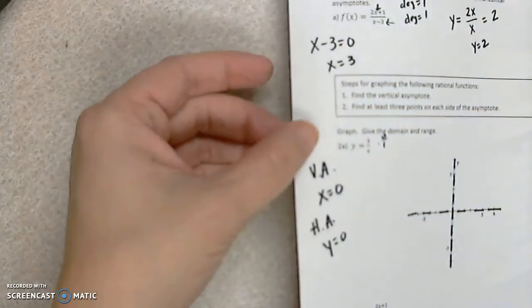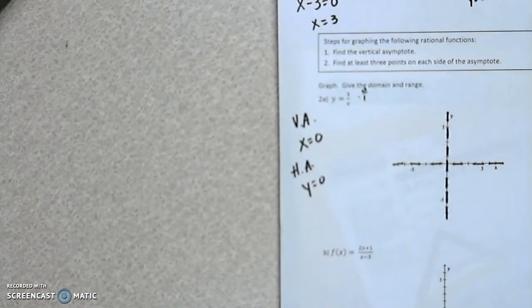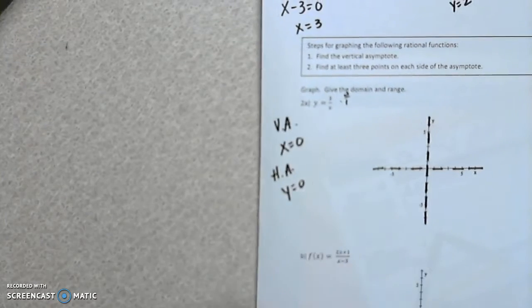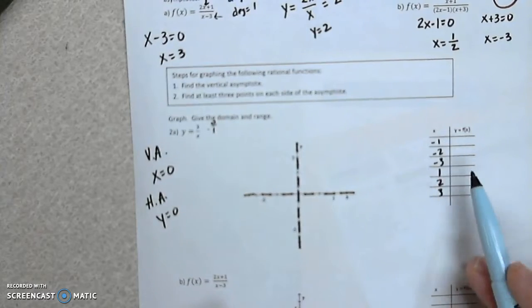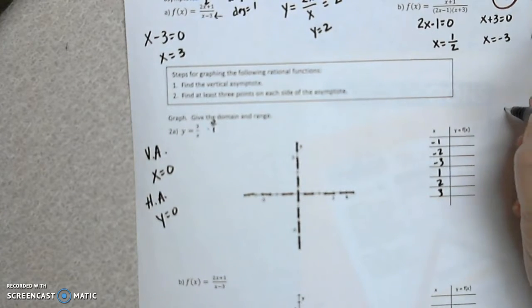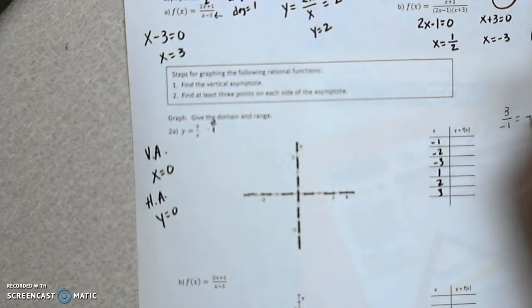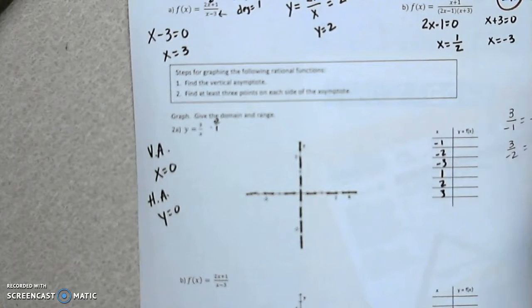Those are places where it doesn't give the function a solution. So what I'm going to do is fill in these values into my function: -1, -2, -3, 1, 2, 3. Let's see what we get. If I have 3 over -1, that would be -3. 3 over -2 is simply -3 halves.